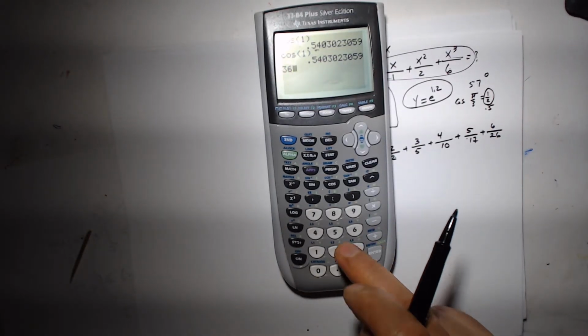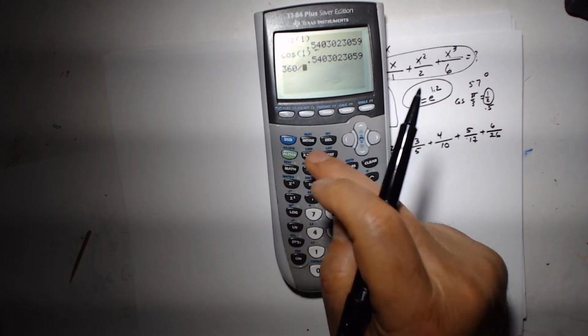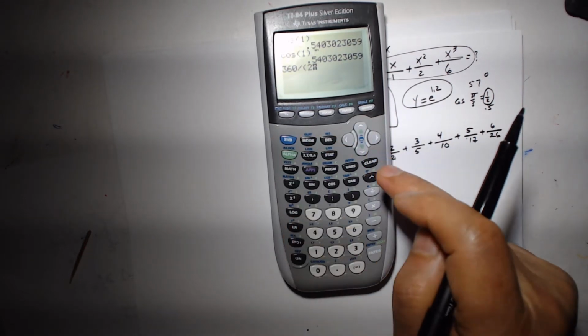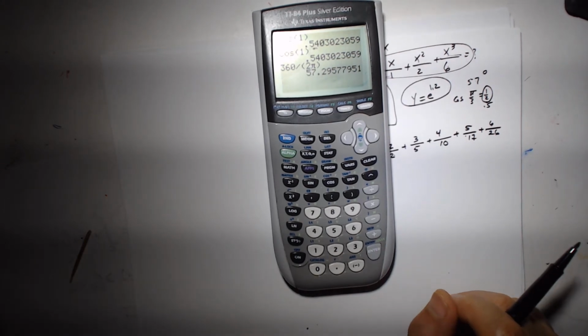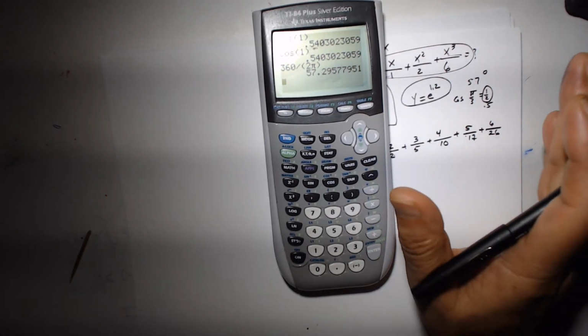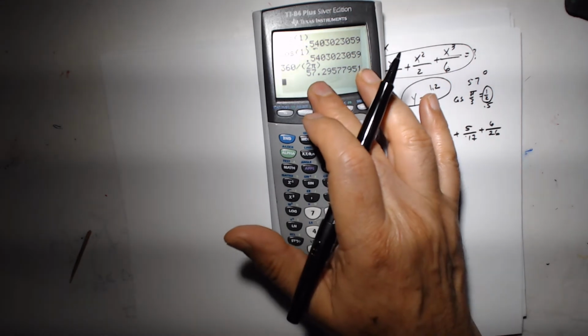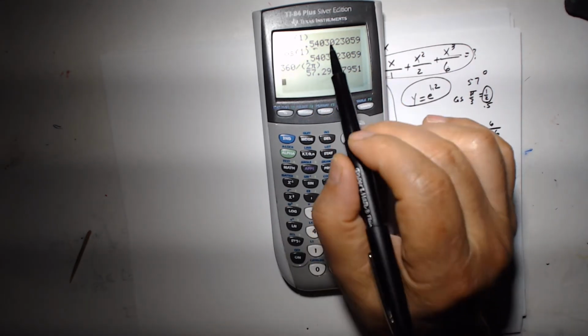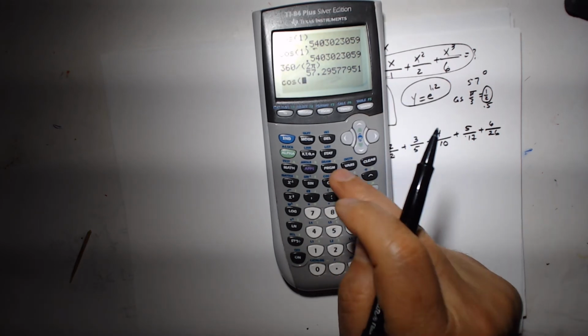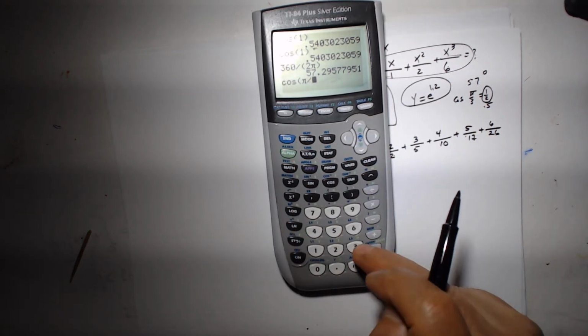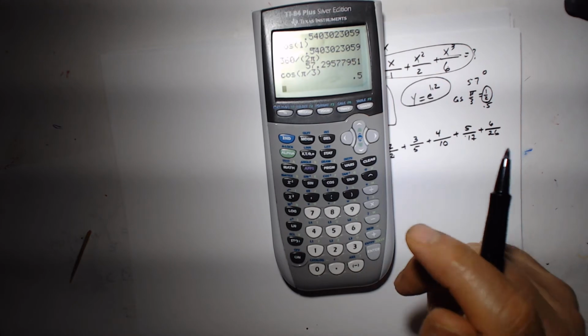If I take 360 divided by 2 pi, each radian is 57 degrees. 57 degrees is less than 60 degrees, and cosine of 60 degrees is 0.5.